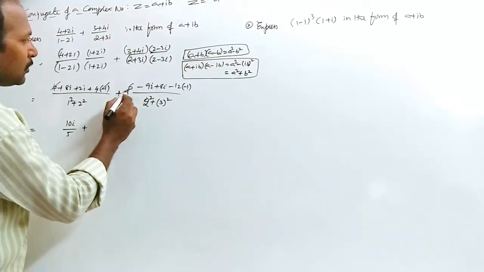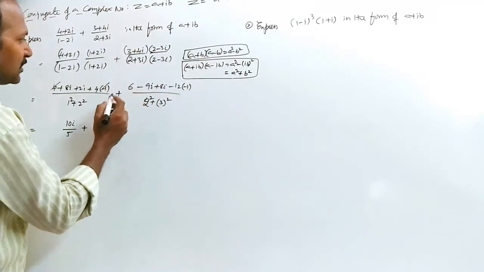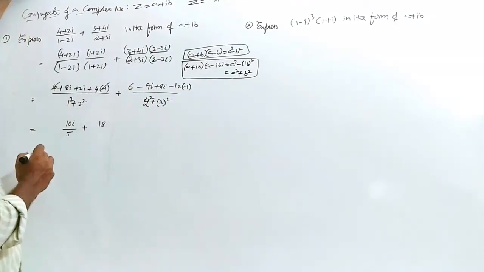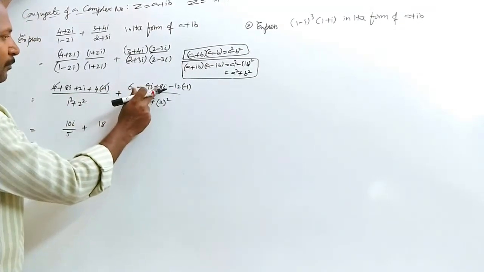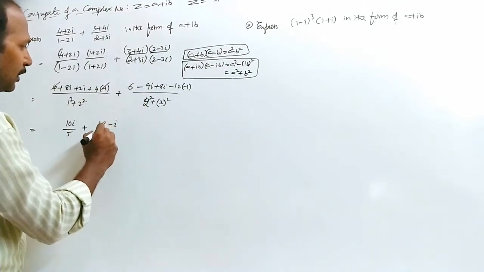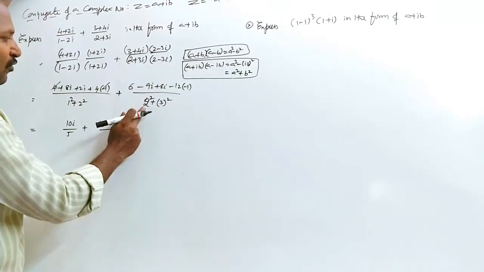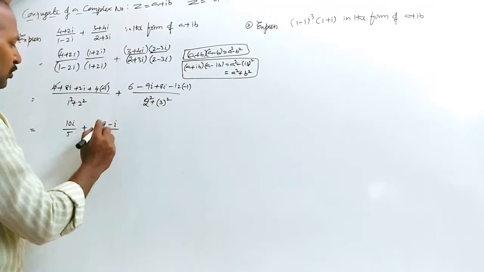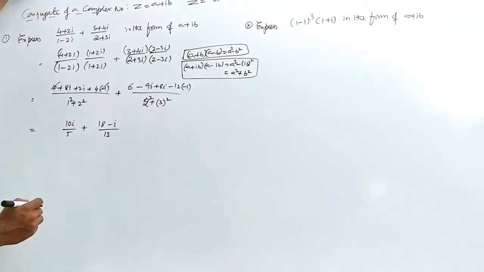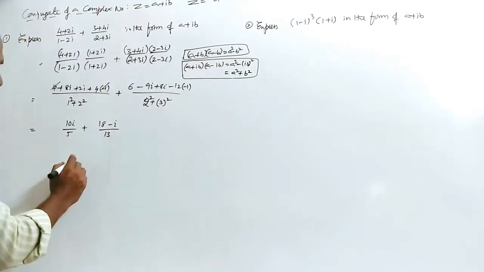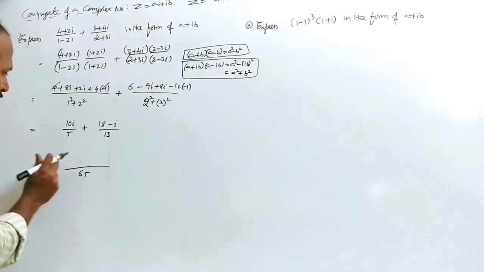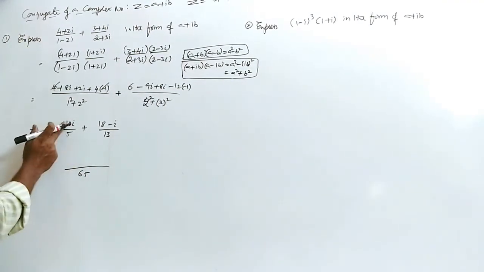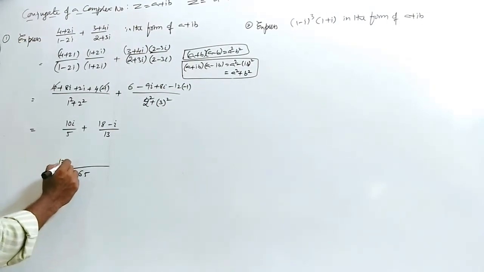here plus 12 plus 6, 18, minus 9i plus 8i, minus i, by 2 square 4, 3 square 9, 9 plus 4, 13. Now the LCM is 65. 5 13s are 65, 13 10s are 130i.